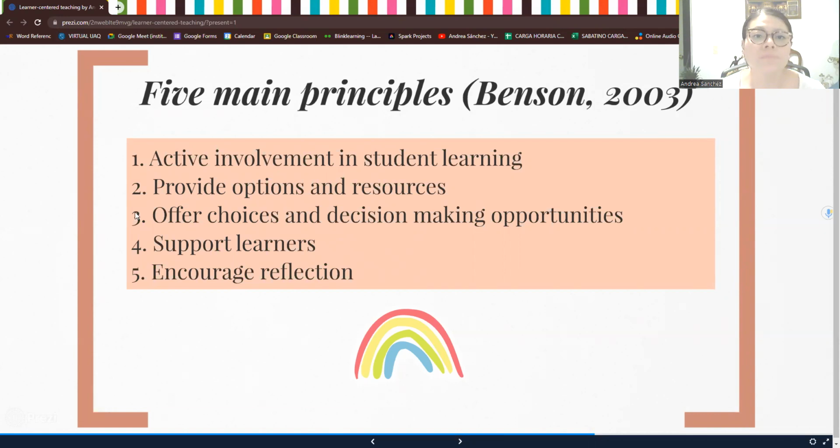And these 5 principles go according to the main proposal that I would like you to consider when you become teachers, especially speaking. So the first one is active involvement in student learning. The first principle discusses the importance of how students should be involved in their own learning.